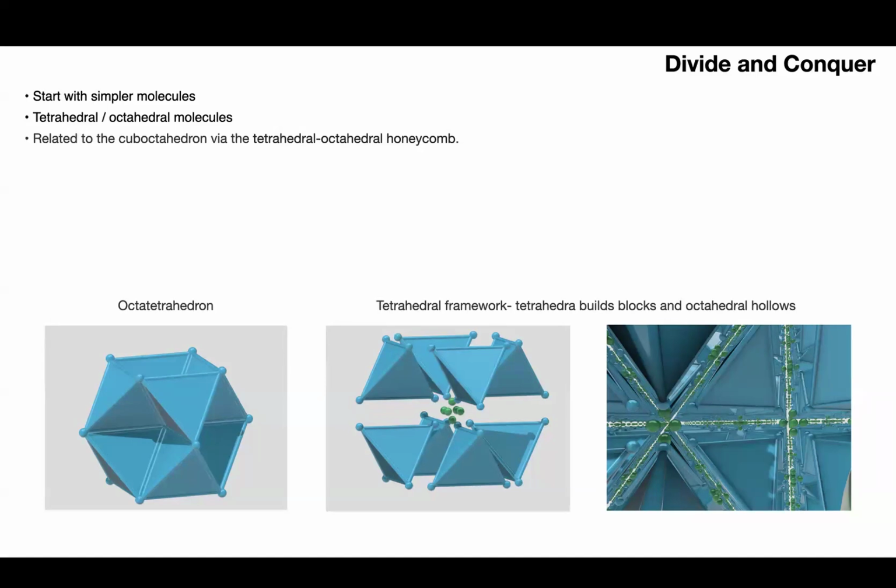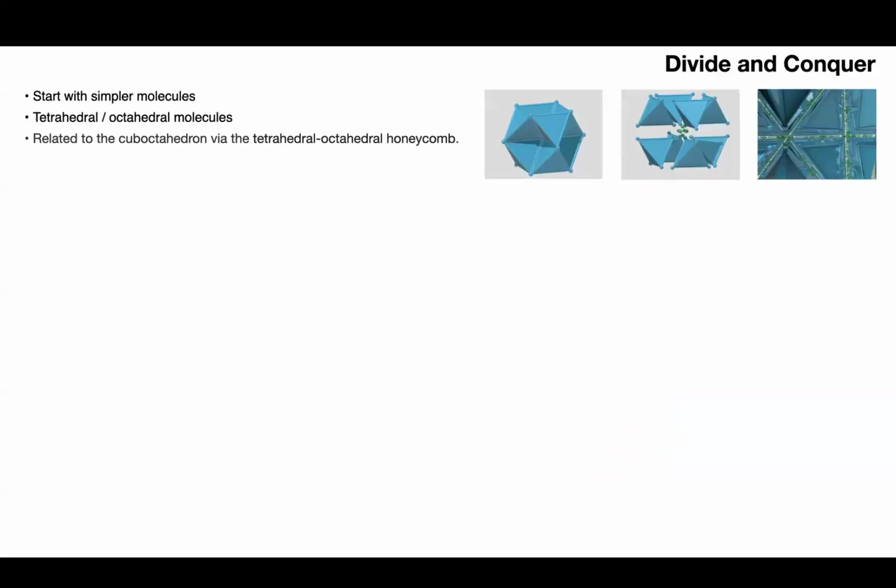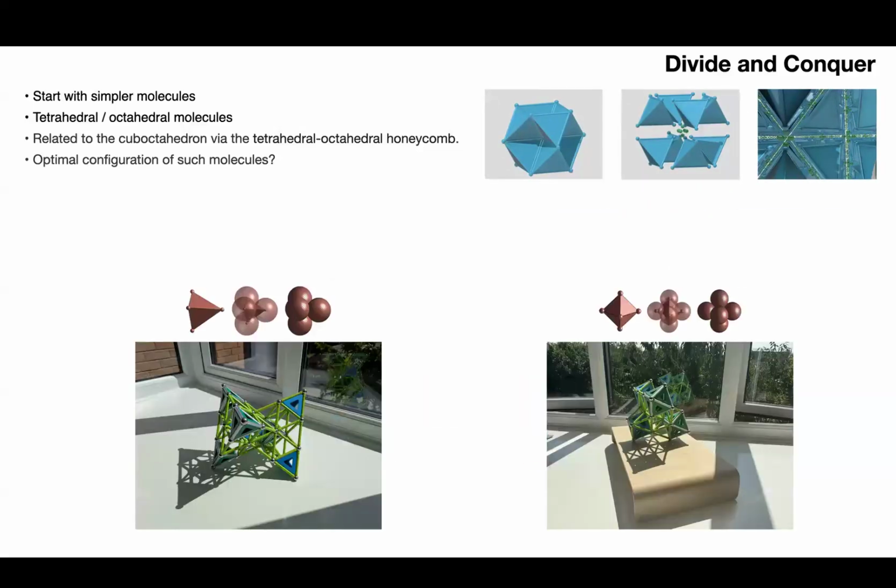How do these pack? I tried to guess again. This was more successful. These are Gelmach models of right tetrahedral molecules on the left, and octahedra on the right.